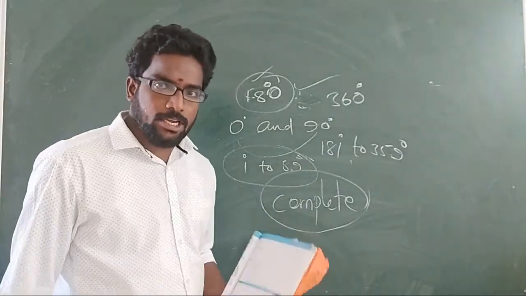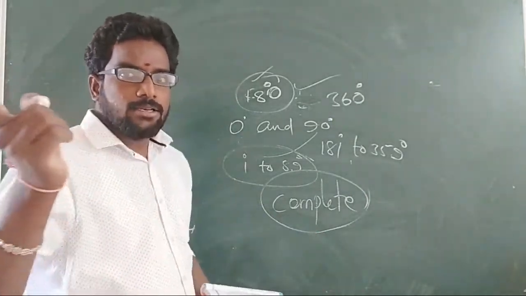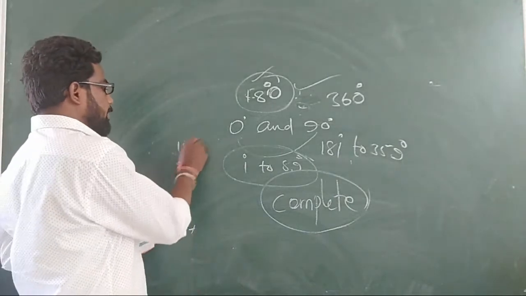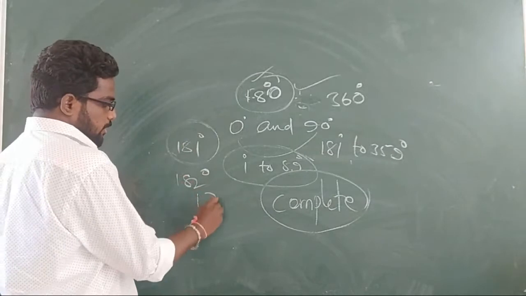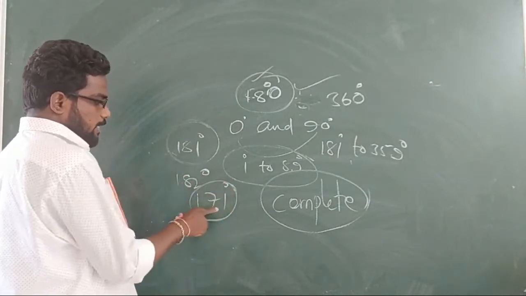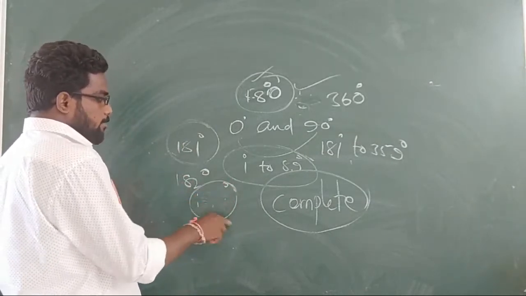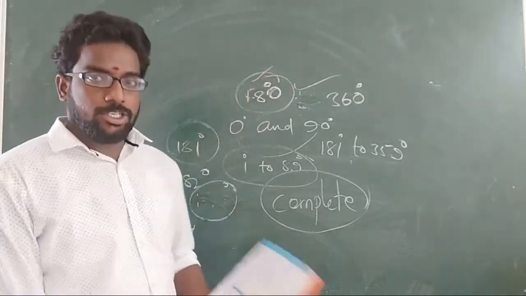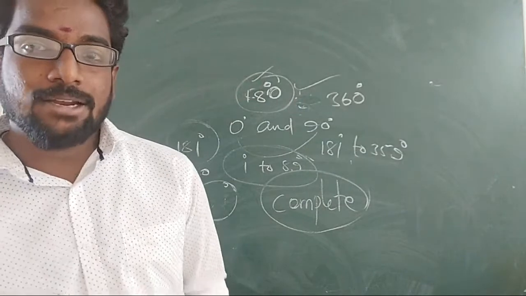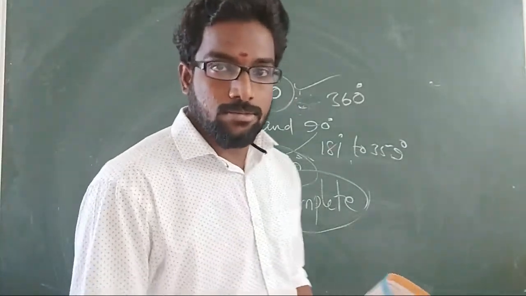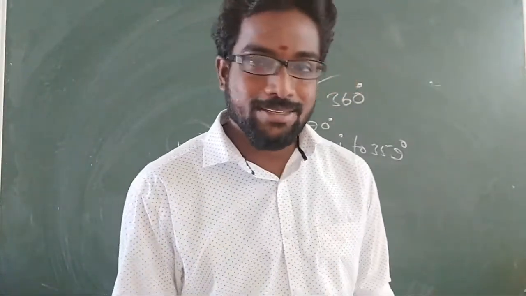Reflex angle, did you understand? Between 180 and 360. For example, 181 is a reflex angle, 182 also. 171 is not a reflex angle because the angle should lie between 180 and 360. 359 is also a reflex angle.